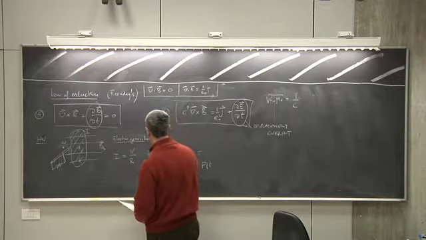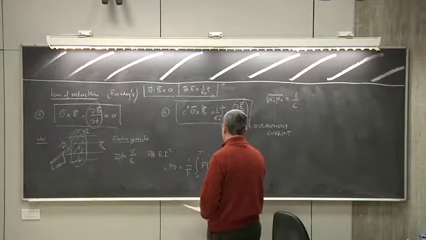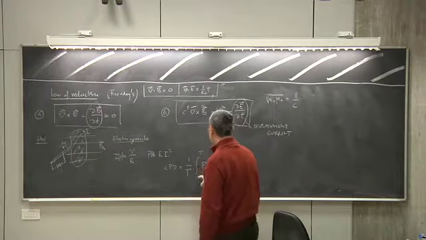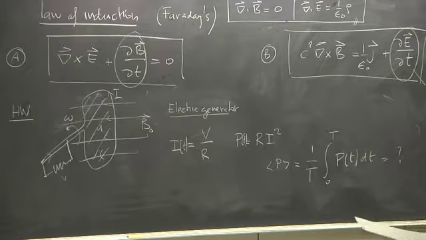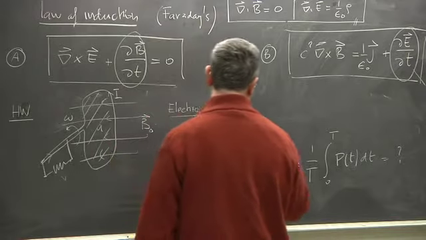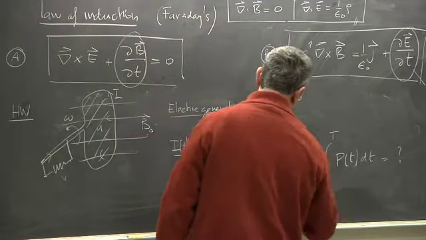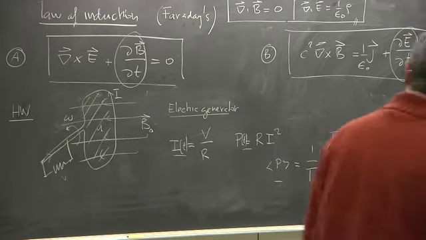So this is going to be a function of t because this is a function of t. If you take the average defined by the integral over a period divided by the period, then how much is this? So three things: 1, 2, and 3. Then on Monday we solve it together.